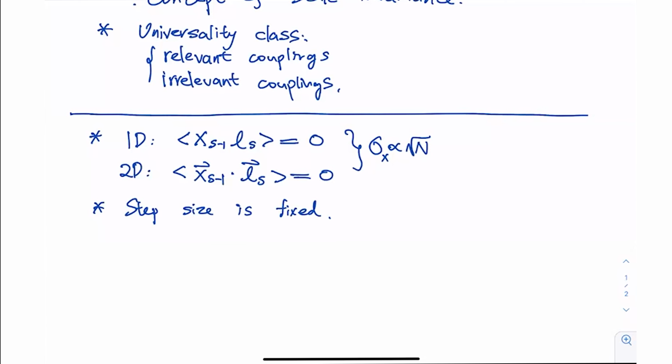but you can orient it in different directions. Okay, so now we can ask ourselves, if we think along the universality class idea, we mentioned that maybe there's a special mechanism behind these two examples such that they both share similar behavior. So maybe this relation or the fixed step size is actually the important ingredient in order to have this square root n behavior in your mean square.